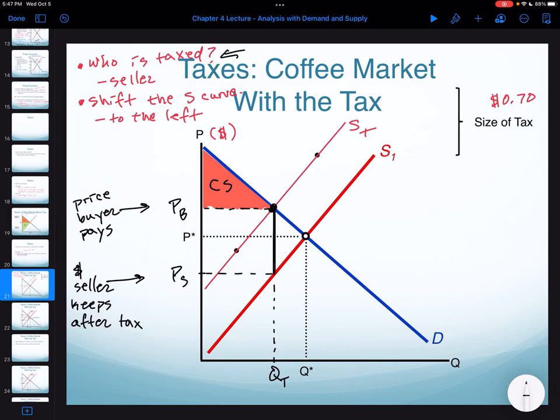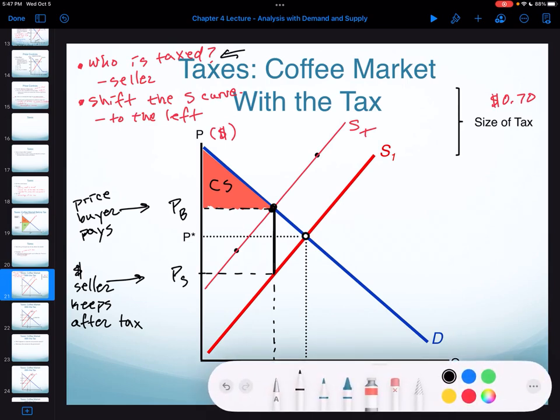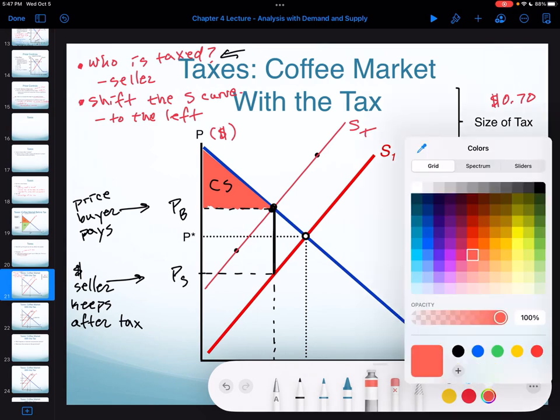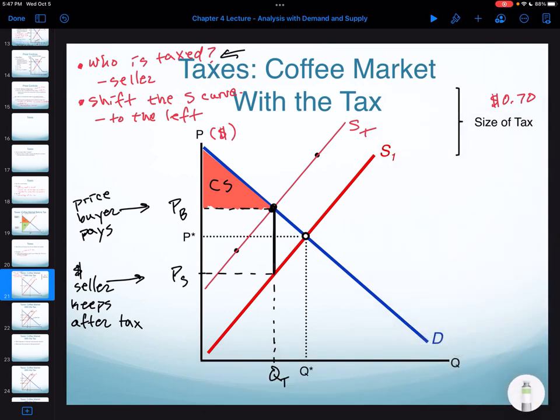Well, what about producer surplus? Well, producer surplus is that area that's above the supply curve and below the price the seller gets to keep, okay? So let's go back here. Let's go to our faithful old pastel green, and let's go ahead and draw the producer surplus in, okay? So let's go down here, go up to here.